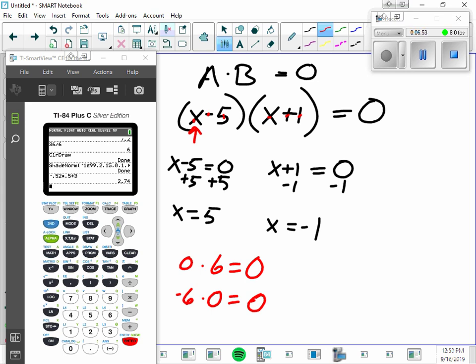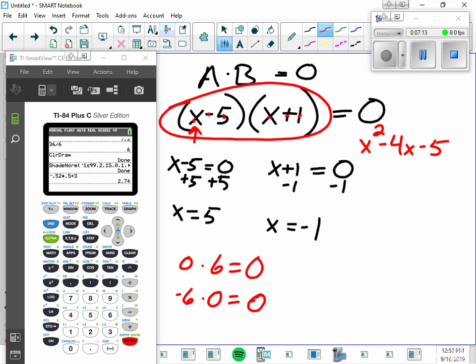Yes, but not always. In this case, you can just change the signs. Okay, let me get to that in just a second. Now, this right here, if I multiply it together, I get x squared minus 4x minus 5.